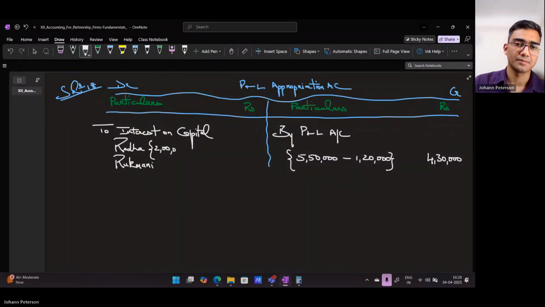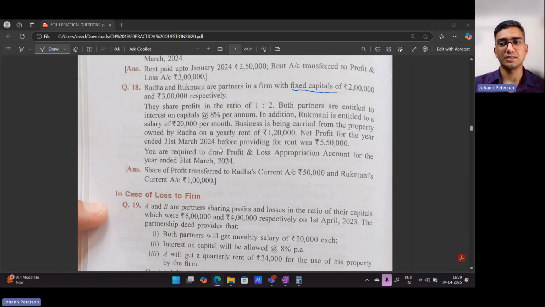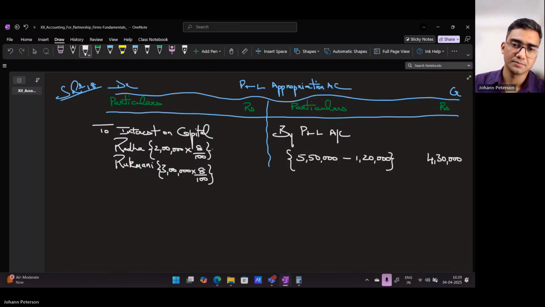So 2 lakh into 8 upon 100, and 3 lakh into 8 upon 100. So the amounts are 8 2s are 16 and 8 3s are 24. So 16,000 and 24,000. So this totals up to 40,000 is my total.